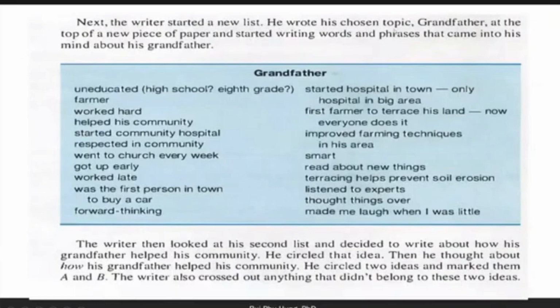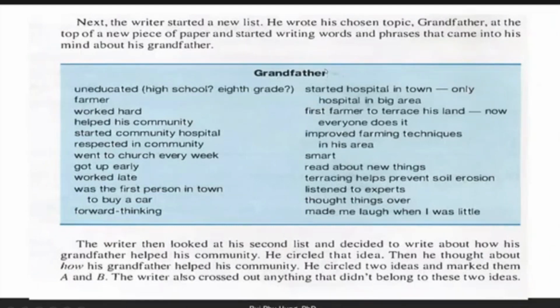Okay, so next the writer started a new list. He wrote his chosen topic, grandfather. You list many people, right? Albert Einstein, Abraham Lincoln, Ho Chi Minh, the Buddha, and many others. And finally, you choose one, grandfather. So you decide to write about this person.